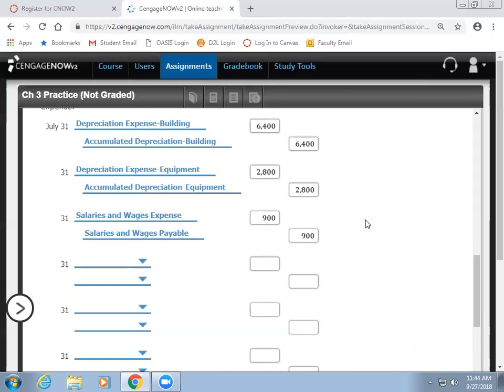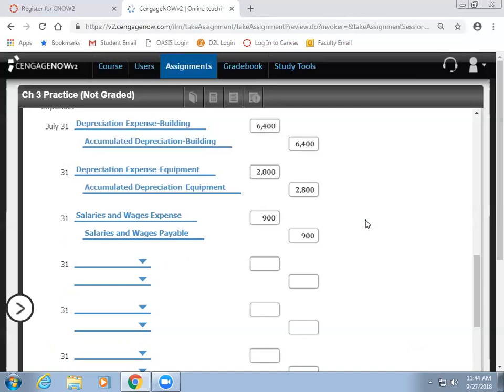If you scroll up, you'll see an unadjusted trial balance. That's when I need that existing balance, because otherwise I don't know how to calculate how much has been used up. So I started with $6,000. I should have an ending balance of $1,500. So how much insurance did I use? $4,500.